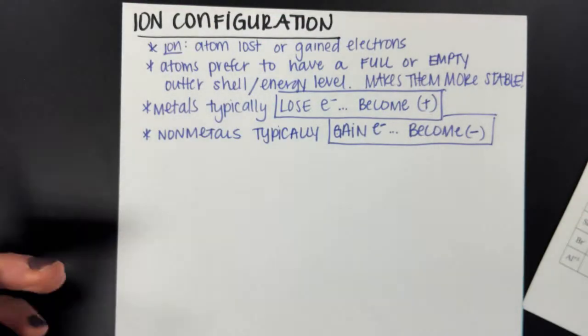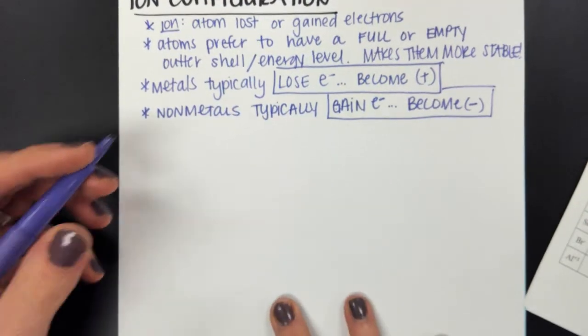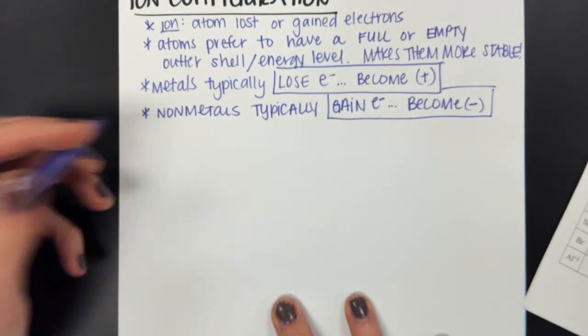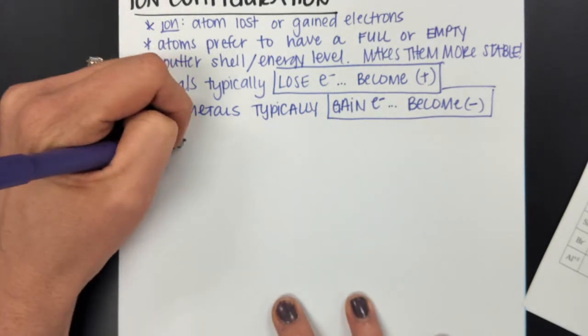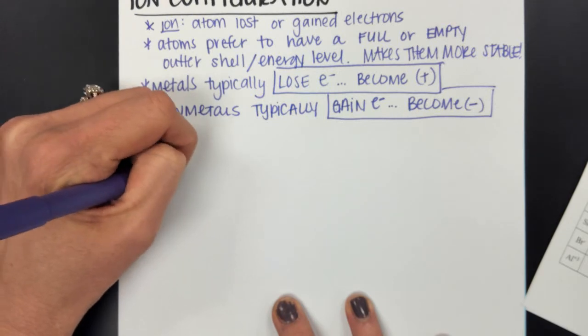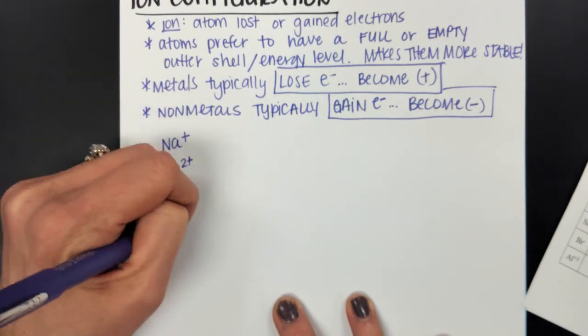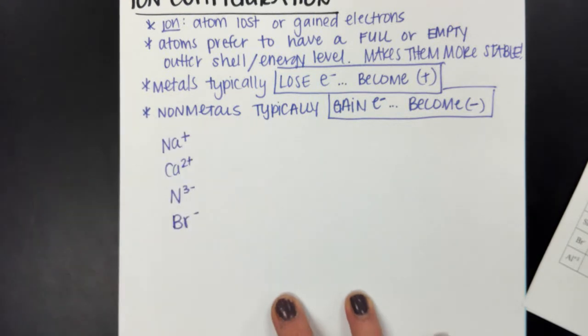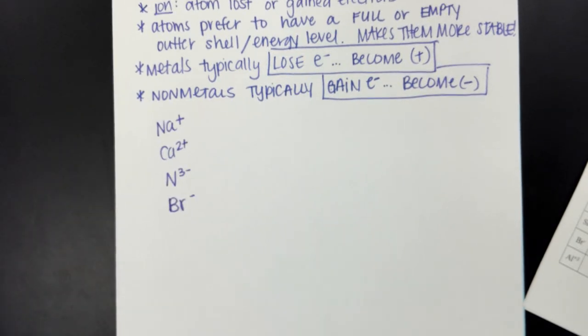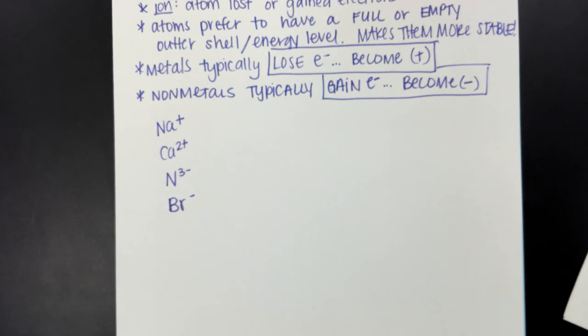Okay, so let's just do a few examples. We're going to do 2 metals and 2 nonmetals. So sodium plus, calcium 2 plus, nitrogen 3 minus, and bromine minus 1.